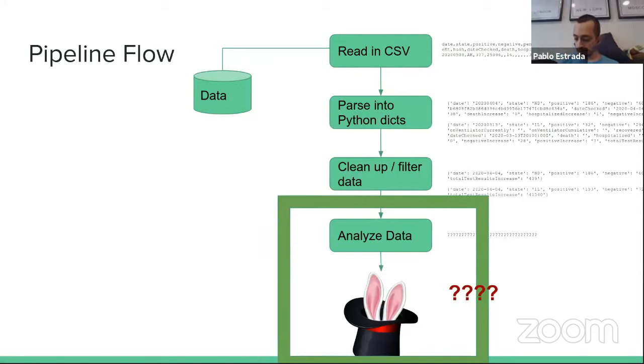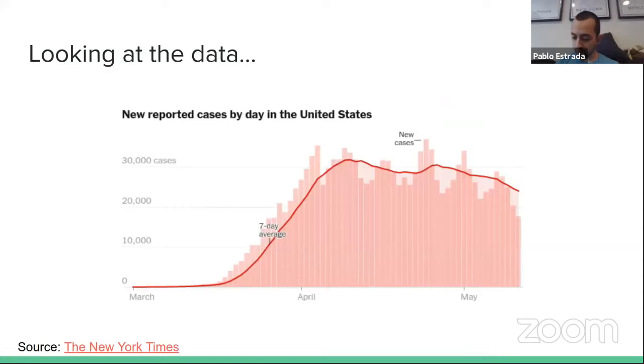So what sort of analytics can we perform on this data? I was trying to come up with an example, and so I was looking at the New York Times page on the trends from COVID-19.